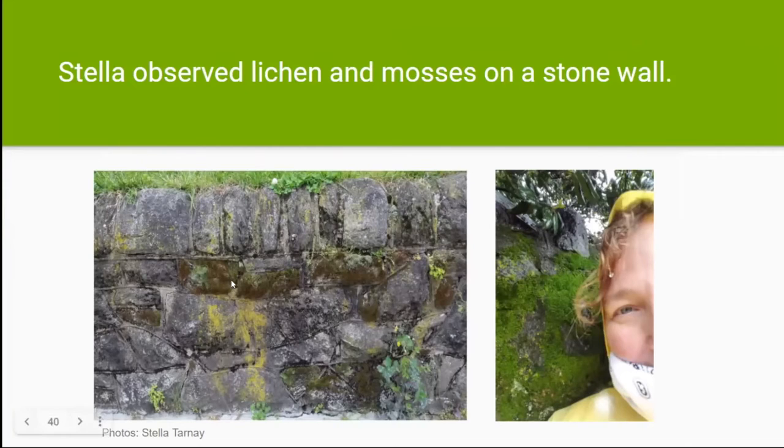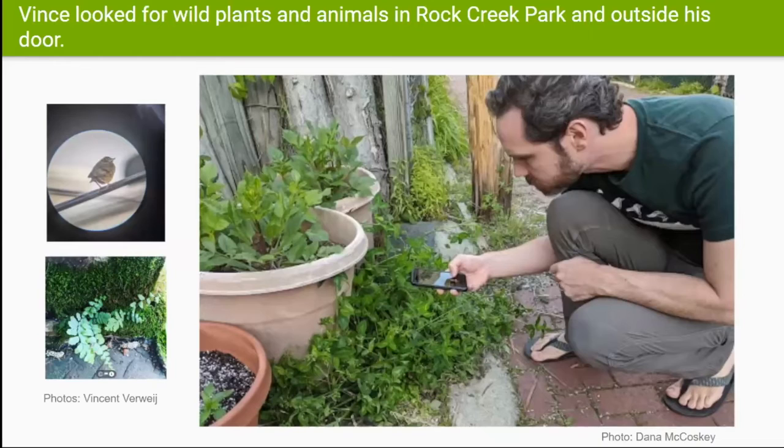She slows down and looks closely and finds little plants and fungi and lichens, and it's a beautiful little miniature ecosystem. Vince looks for wild plants and animals in Rock Park, and also things that were naturally occurring just outside his door.